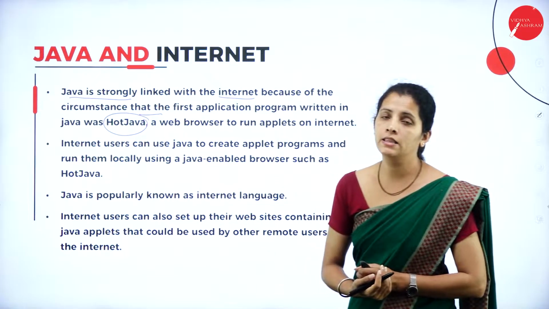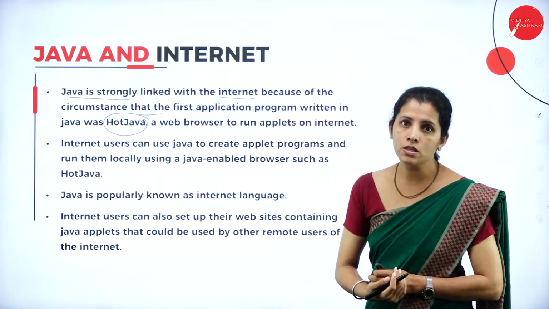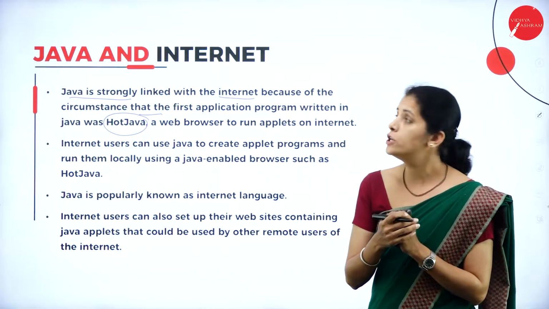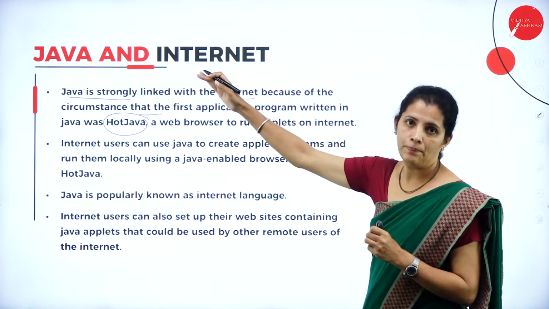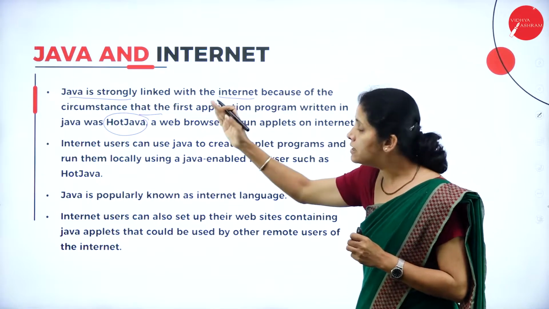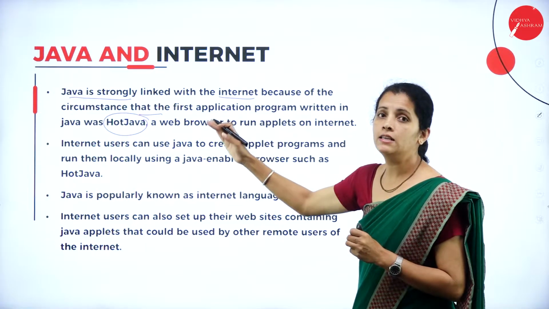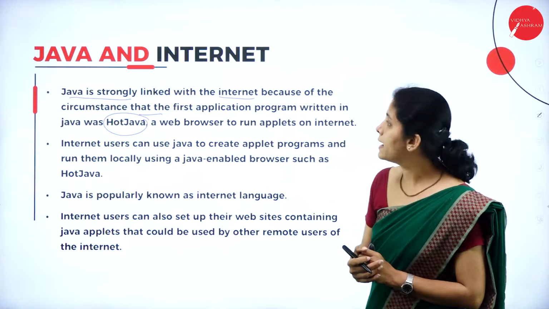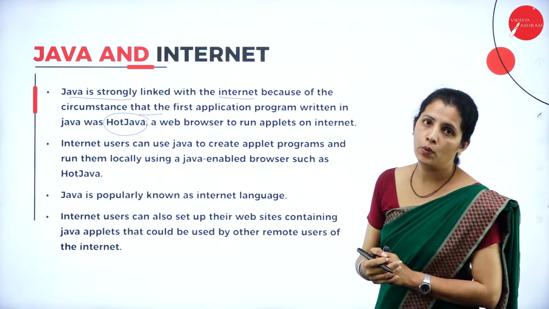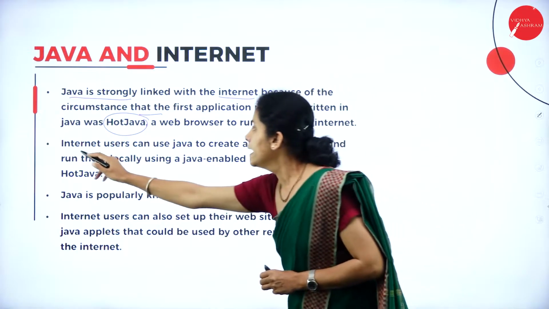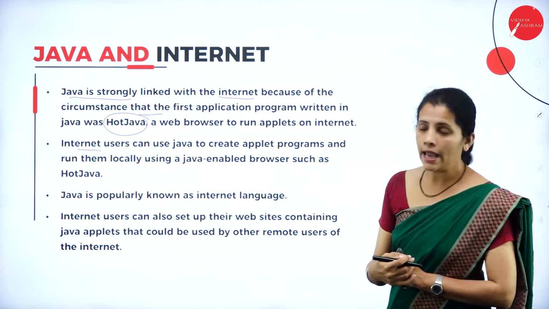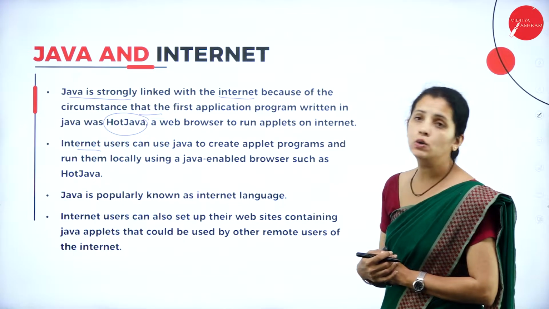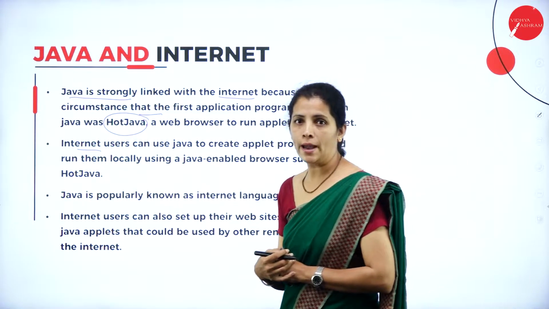It is nothing but the web browser which is designed by using Java. So here, the first application is Hot Java, and it was designed by using Java program. Internet users are able to use Java to create applet programs.